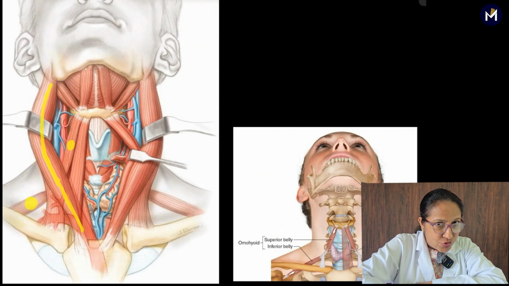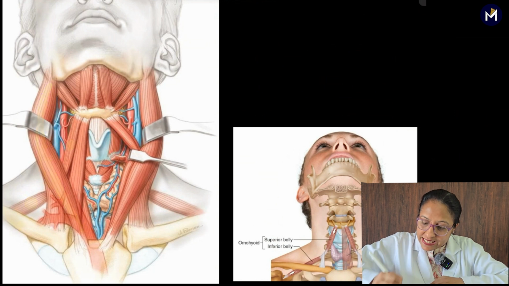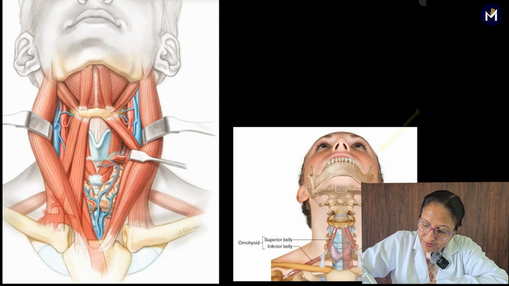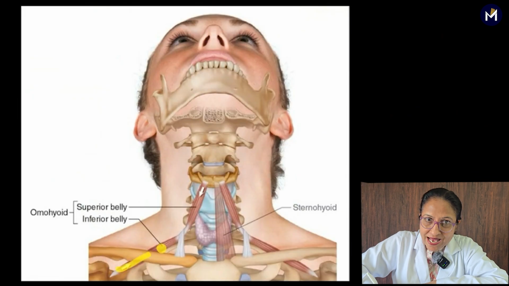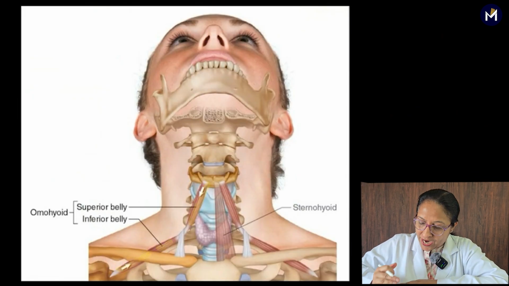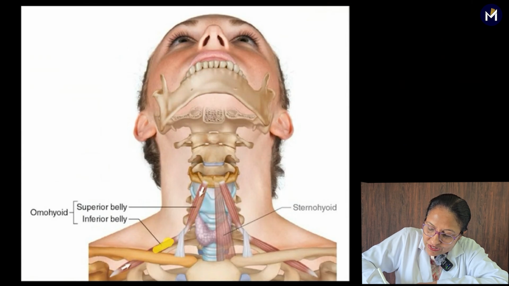Now what we will do is, we'll remove this sternocleidomastoid. Now focus on the second picture. In the second picture, sternocleidomastoid is removed and you can very well see the omohyoid now. This is inferior belly of the omohyoid.